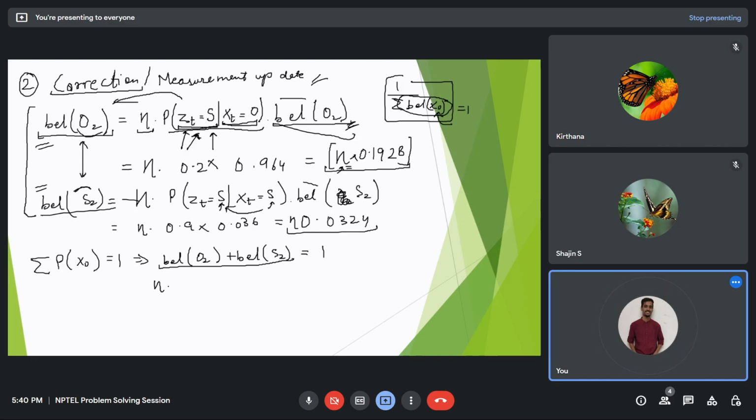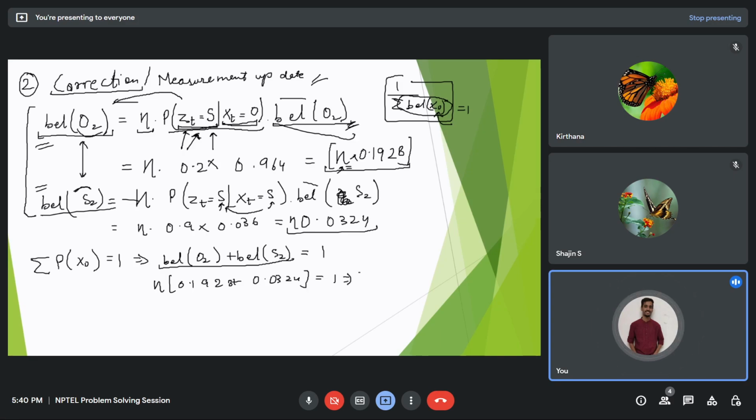So this comes out to be eta times 0.1928 plus 0.0324 equal to 1.